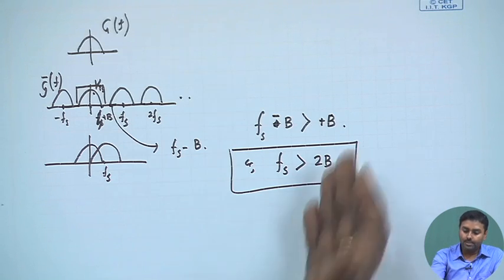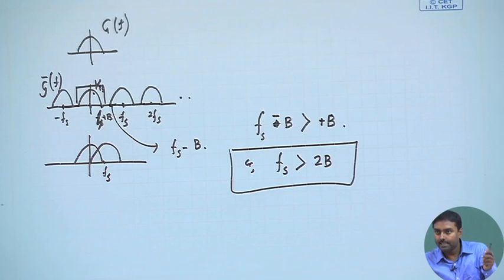So, whatever the bandwidth of the signal is, if I choose my sampling frequency to be twice that, which is 2b, that means I choose my Ts in such a way that my sampling frequency, which is 1 by Ts, becomes bigger than 2b, I am fine.